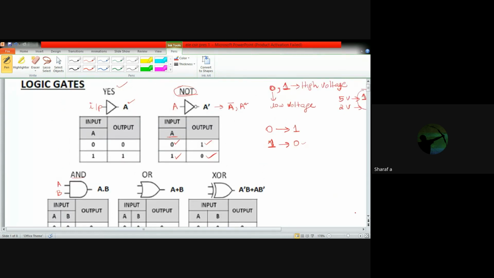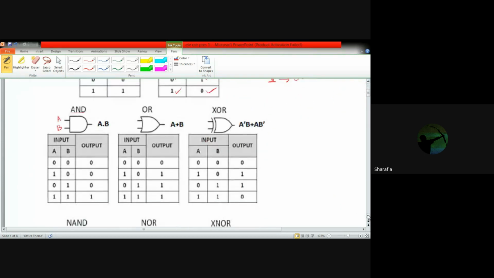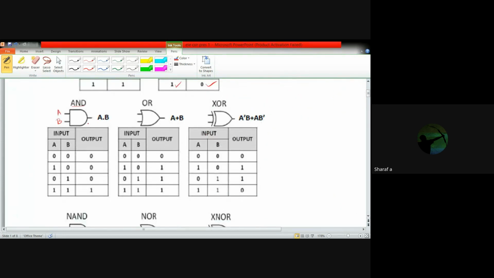So for the AND gate you have 2 inputs A and B, and the output will be the product of the inputs. We call this A and B, but the mathematical expression is that the output will be equal to A dot B. So we can just consider it as a product operation.